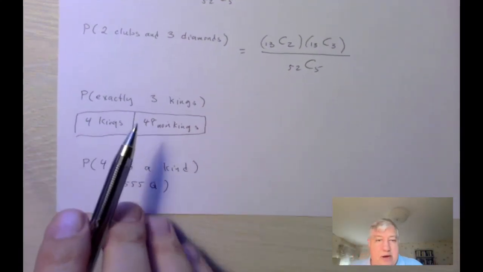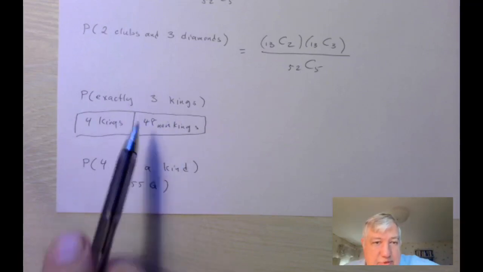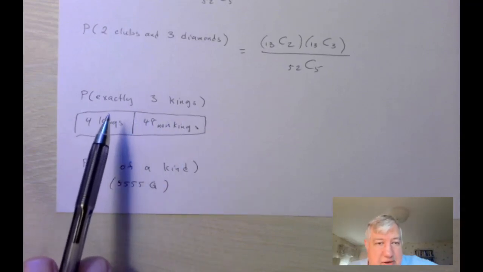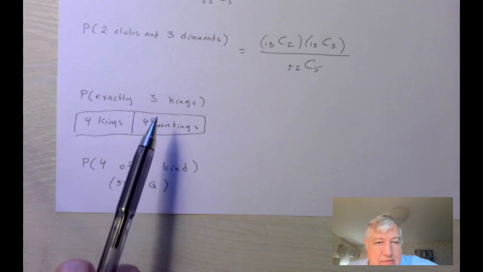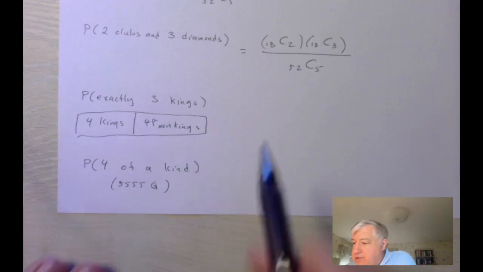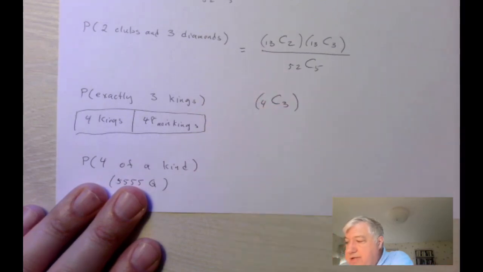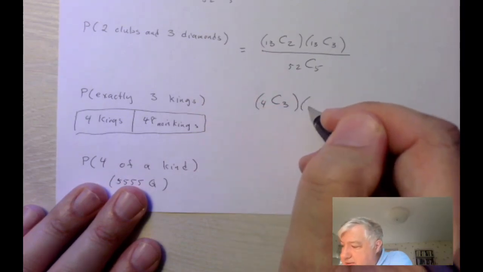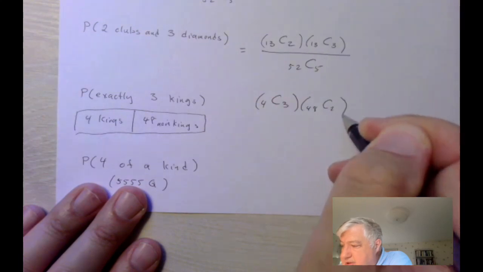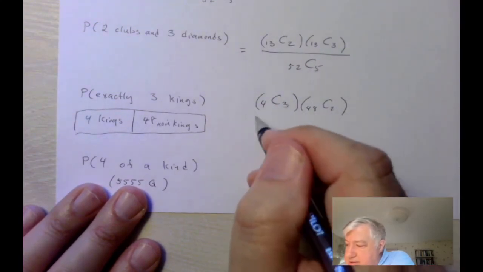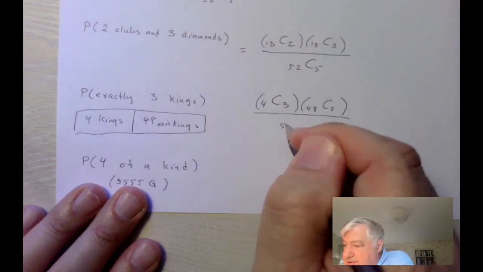So if I asked you to come up with a hand with exactly 3 kings, you pick 3 from here, and then 2 from here. So there would be 4C3 ways to pick your 3 kings, and then 48C2 to pick your 2 non-kings, and then this is all divided by 52C5.